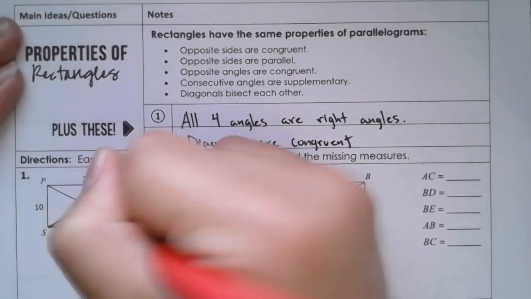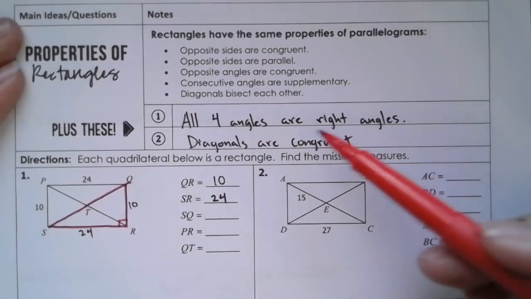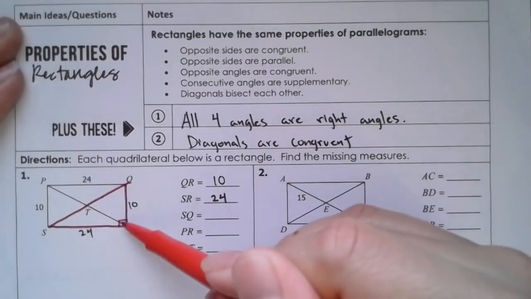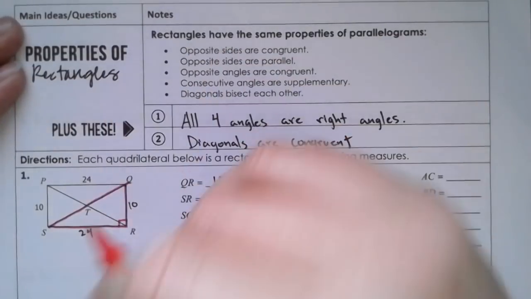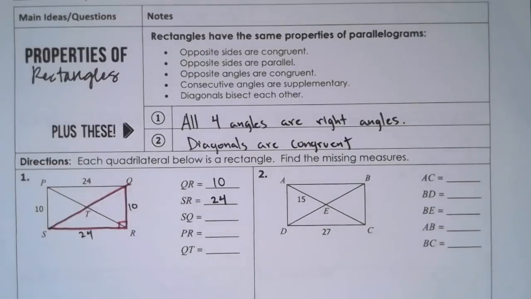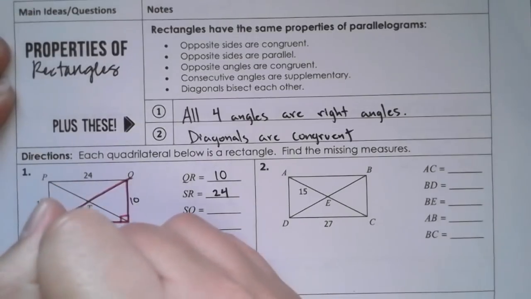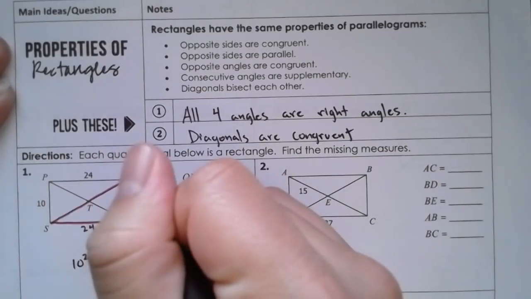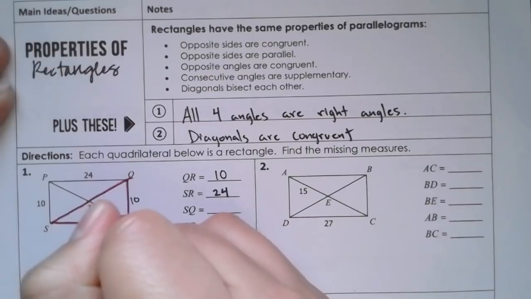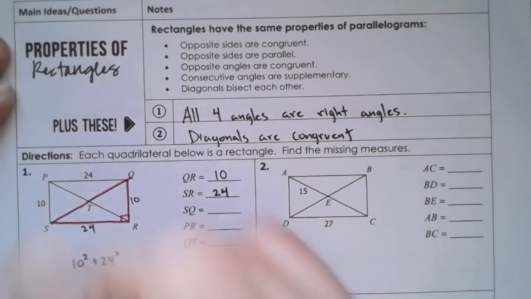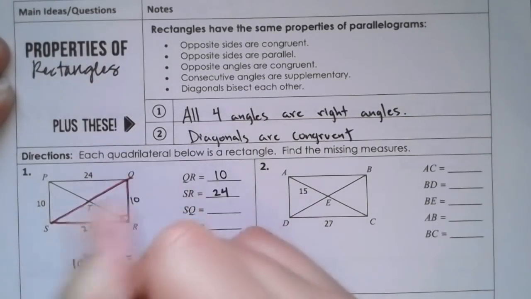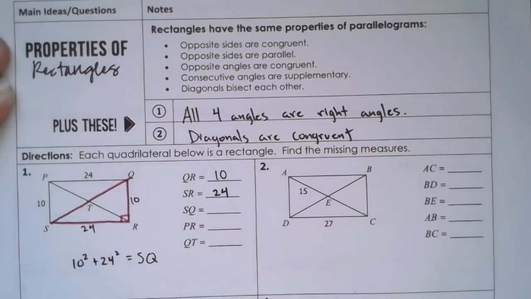Because based on one of the properties, all 4 angles are right angles, so this one here is a right angle. So we are taking that skill from a previous concept we've already covered to find what SQ is. We have 10 squared, that's one leg of the triangle, plus 24 squared, the bottom leg of the triangle, is equal to SQ. SQ would be C.